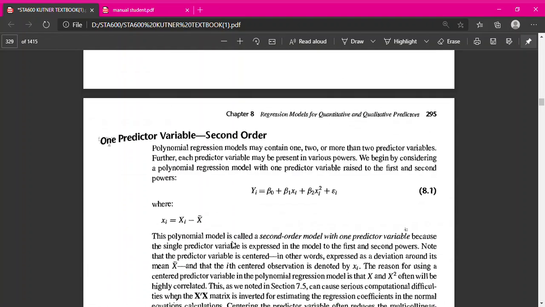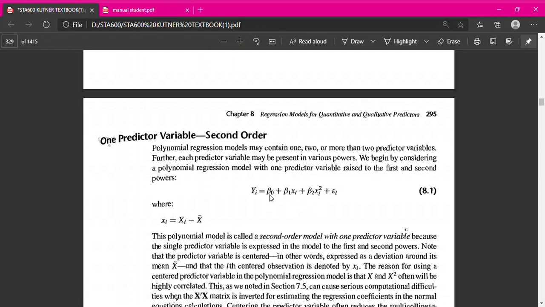Okay, ini jenis-jenis dia. Kalau we have only one predictor variable, means that we have only one x. Second order, maksudnya order for the predictor ni adalah 2, adalah x square dekat sini. Ada satu variable, hanya ada satu x.